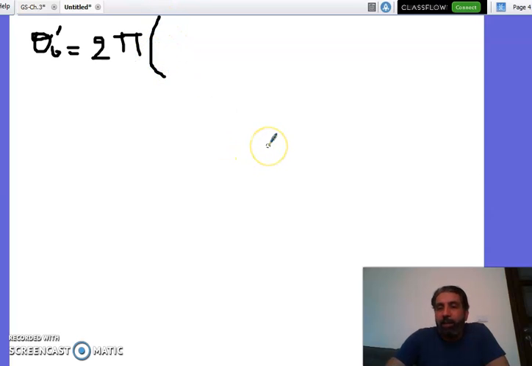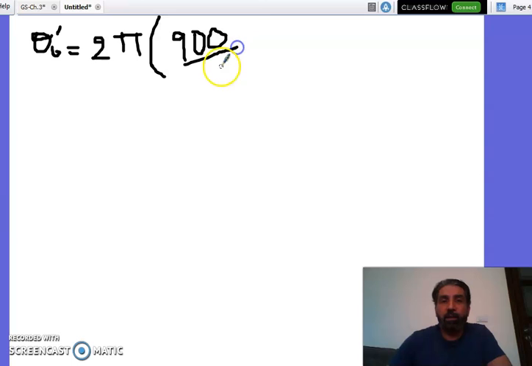Now we are given that the initial angular speed of the disk is 900 revolutions per minute. First of all, we must change minute into second, right? So it becomes 900 divided by 60. Why 60?